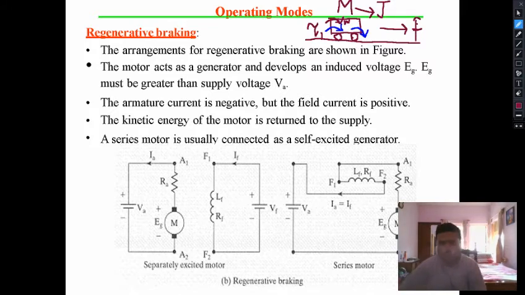The motor torque, if it is tau m, it is equal to the load torque tau L plus J d omega dt, right?